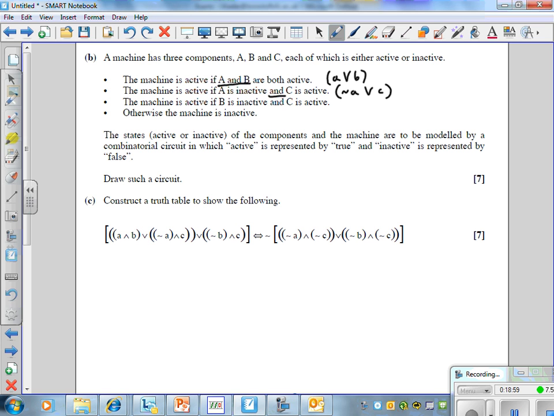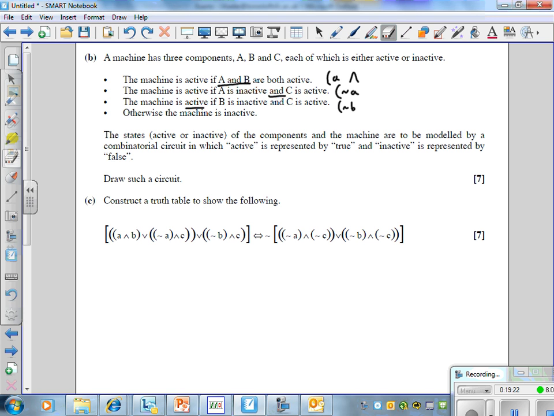The machine is also active if A is inactive. Now, A is inactive is saying not A, and C is active, so and C. And the machine is also active if B is inactive, so that's not B, and C is inactive.